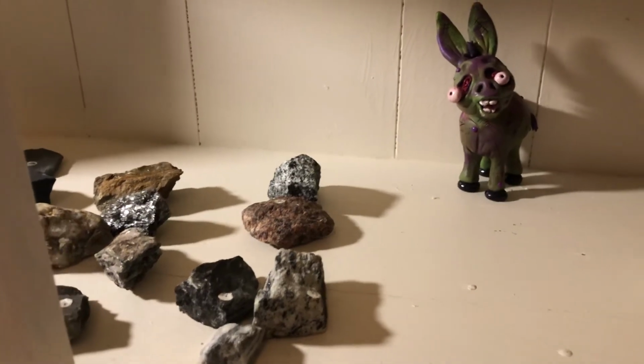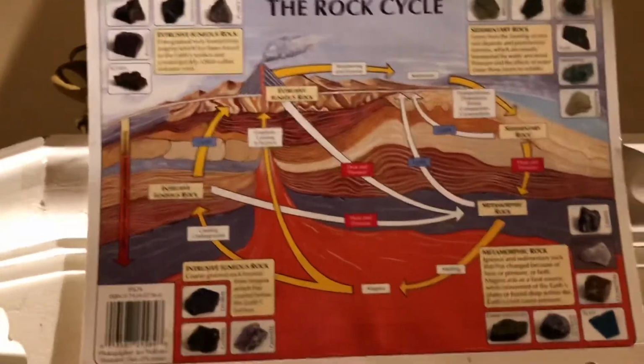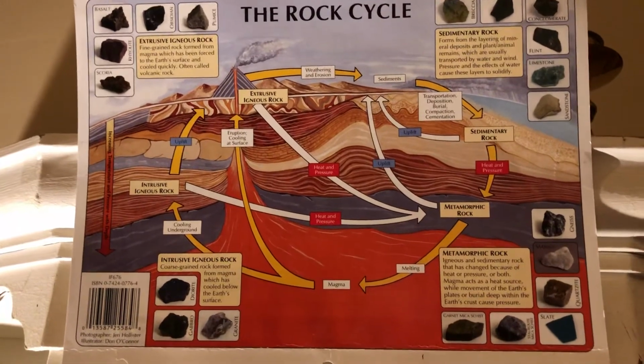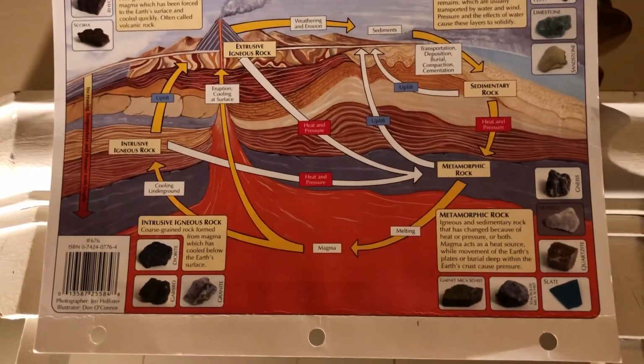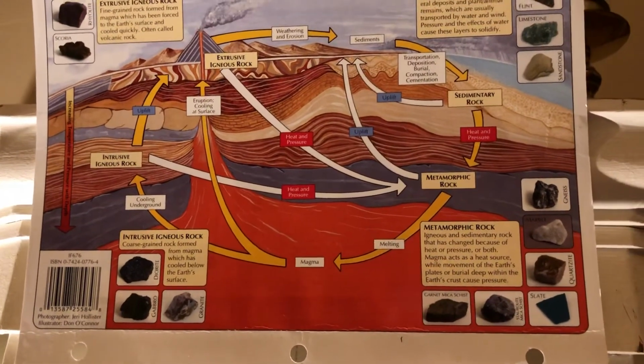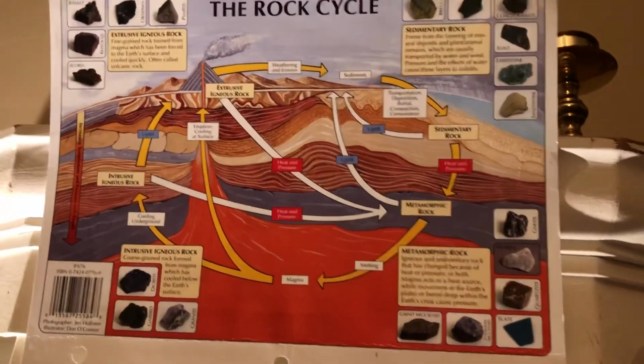So some of the processes that we deal with in the rock cycle include those processes of weathering and erosion, those processes of compaction and cementation to form the sedimentary rocks, melting and cooling to form magma and lava and to form those igneous rocks, and extreme heat and pressure to form those metamorphic rocks. Now, it's a continuous cycle. It doesn't end.